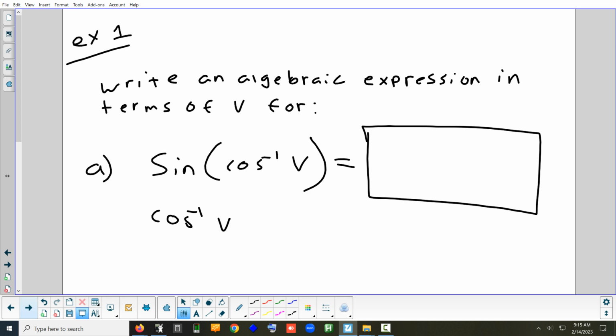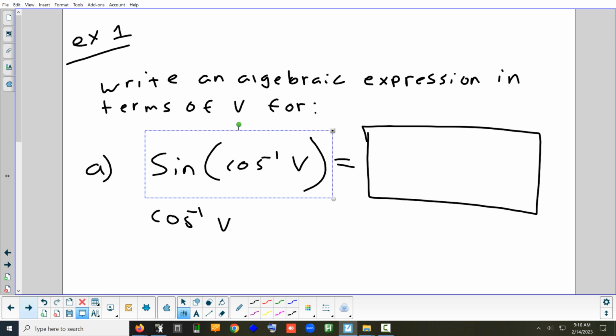And what did I say before? When you use inverse trig, you're always solving for what? When you do an inverse trig problem on the calculator and hit enter, the number that pops up on the screen represents something in a triangle. Yep. It represents an angle. I don't know what the angle is going to be here.